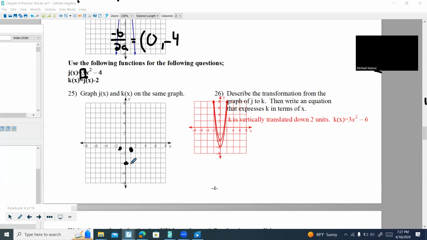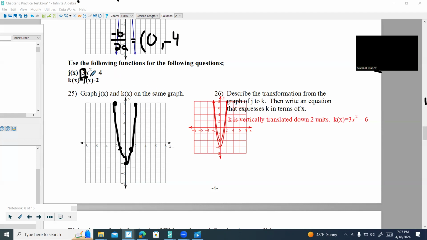So from this negative 4, I go up 12 spots, and that's going to leave me at the 8. I'll do that on this side over here, and so it looks like this, but better.